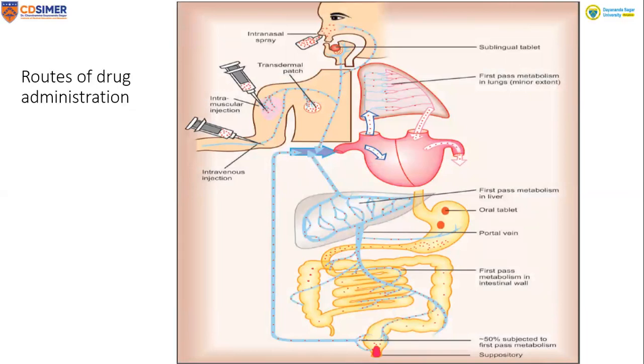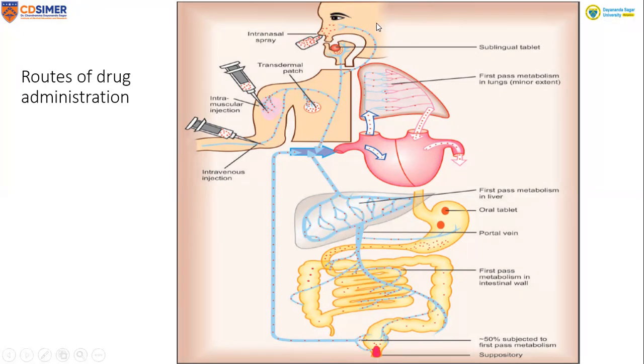Now let us try to discuss this part of the picture. Okay, so you can see that this picture contains so much information for you. So let me try to explain what is seen here. You can see that routes of drugs can go from top to bottom. Skin is there first to start with, so topical applications can be done. Then here you have eyes, where eye inserts or eye drops can be given.